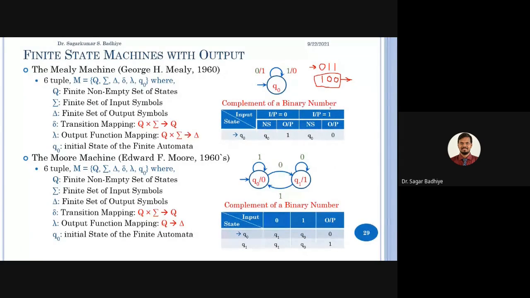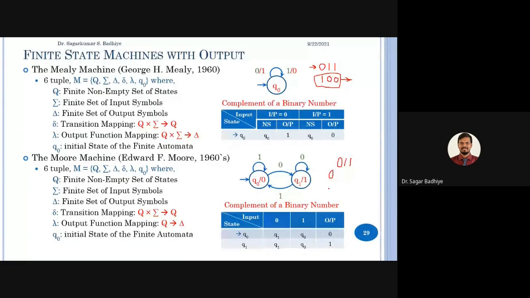So let us consider the same example. So 0 1 1 is the input. Okay, and now you will start with initial state q0. So as soon as you reach q0, you will be producing an output 0, right? Without reading any input, the output produced will be 0, and 0 at the start of anything adds nothing, right?